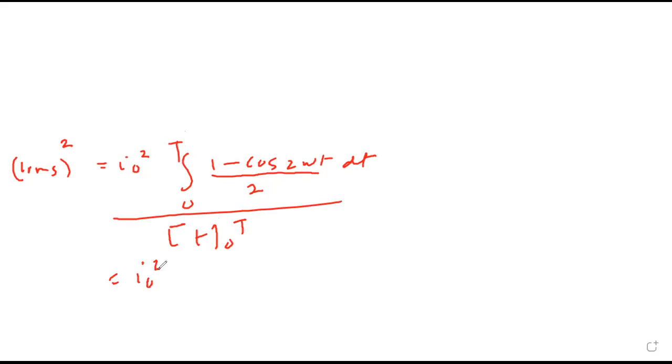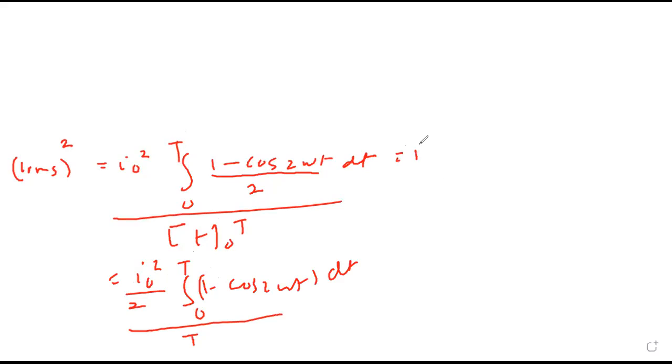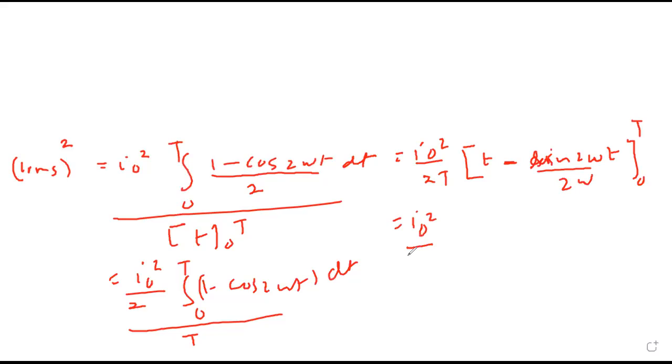So I can write I naught square. This 2 I am taking outside. And here I will get 1 minus cos of 2 omega t dt from 0 to T upon T. That is nothing but I naught square upon 2T, and integration of 1 is t minus cos is sine 2 omega t upon 2 omega from 0 to T. So I naught square upon 2T, T minus sine 2 omega T upon 2 omega.